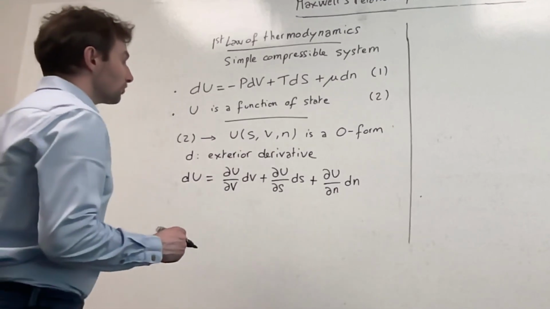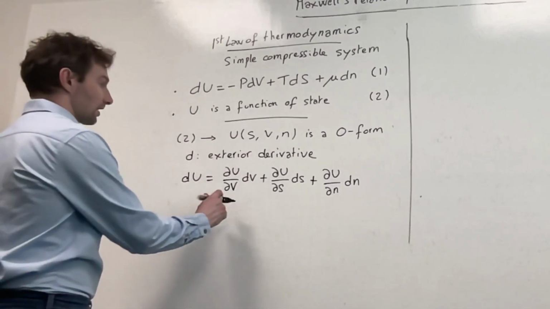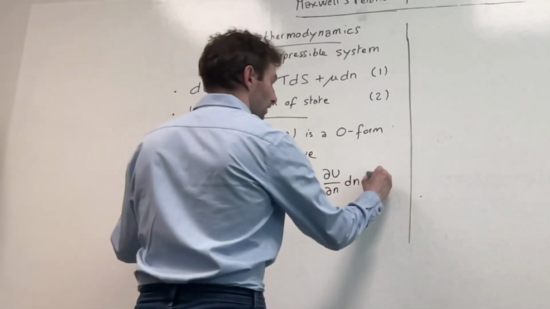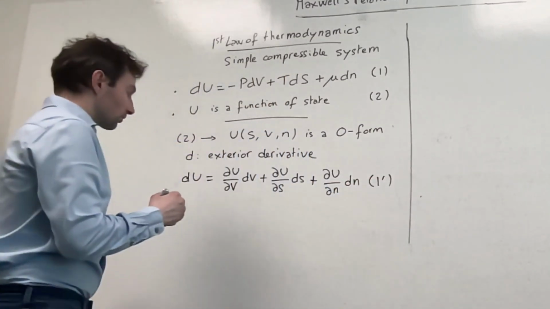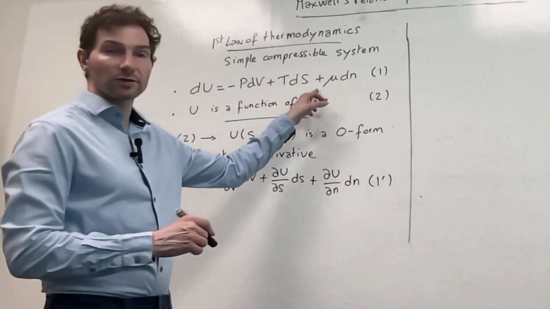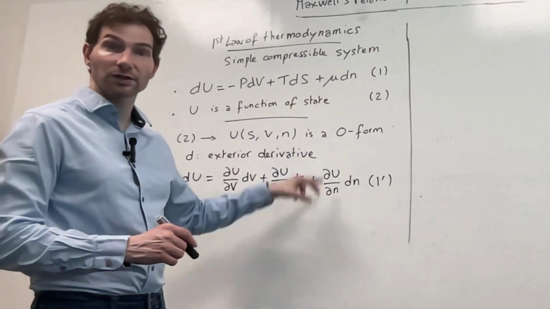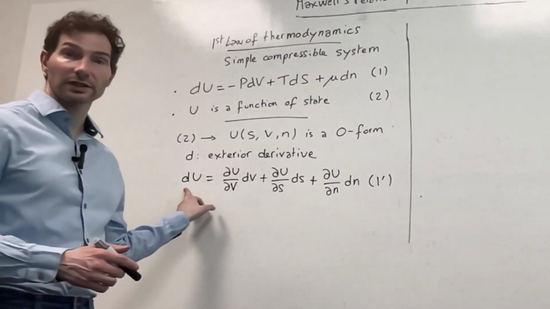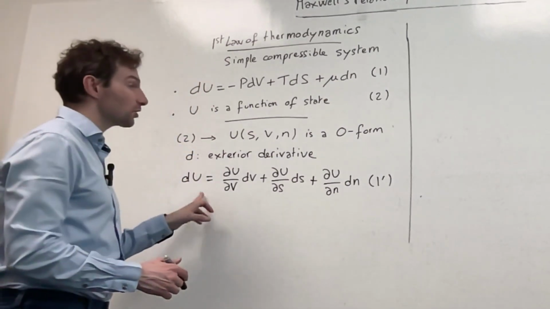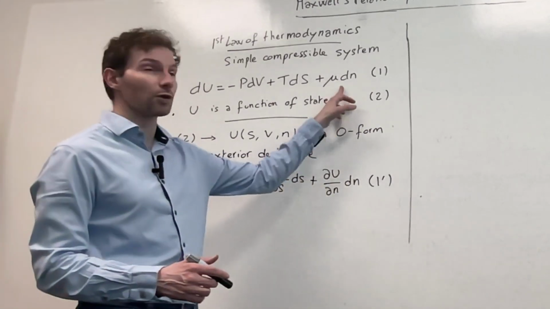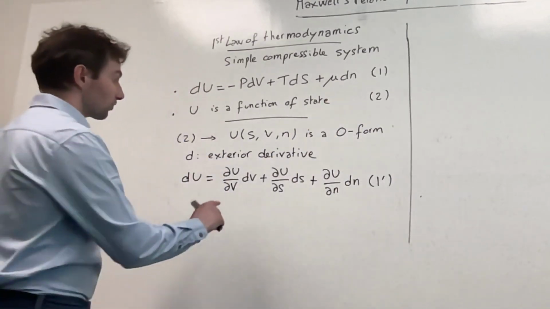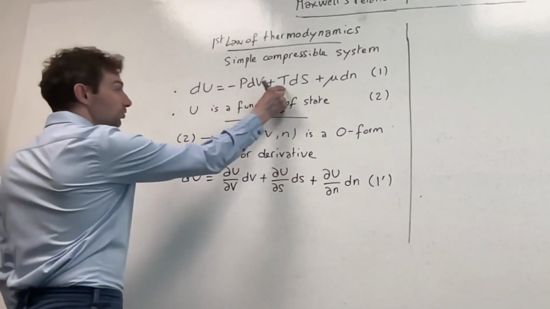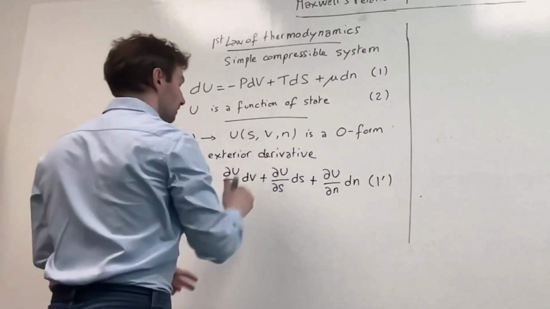And what we are going to do here, and that's going to be important, is say that this is 1 prime. And we are going to say that 1 prime obviously has to be equal to 1. They are saying two different things, okay? But they are actually about the same quantity. And so the only possibility for both to hold together is for the individual terms to be equal to each other.